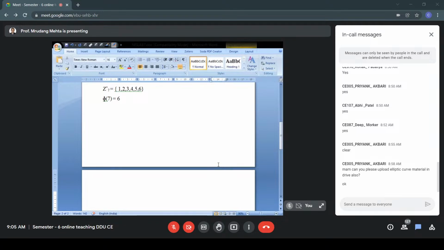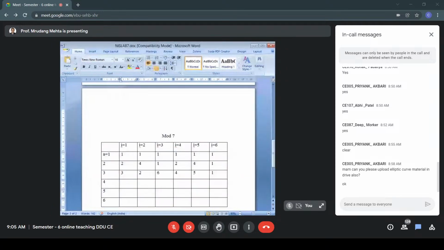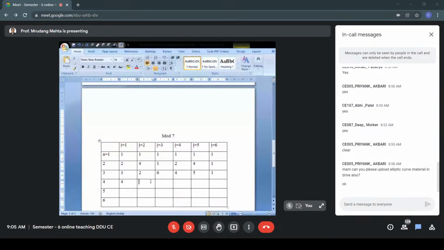Okay. So similarly, we can apply it for 4. 4 raised to 1 mod 7 is 4, 4 raised to 2 mod 7 is 2, then 4 raised to 3 mod 7 results in 1.